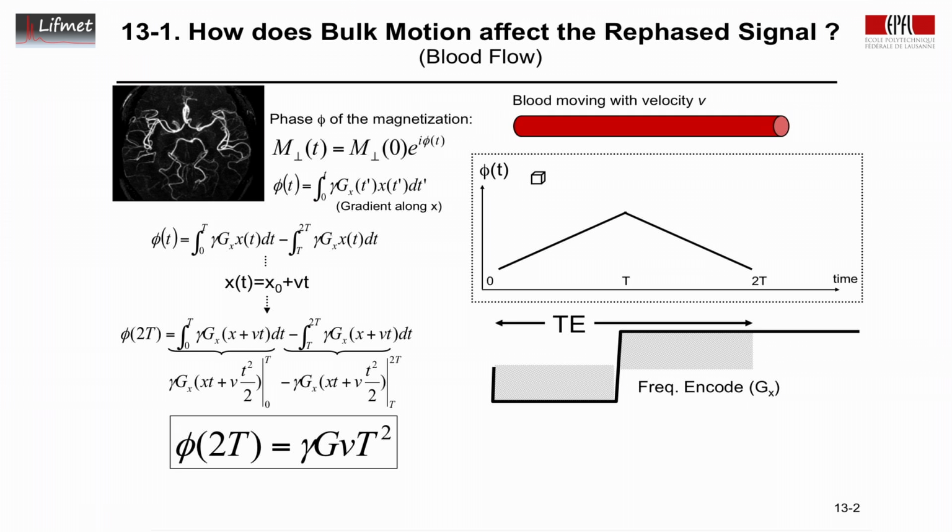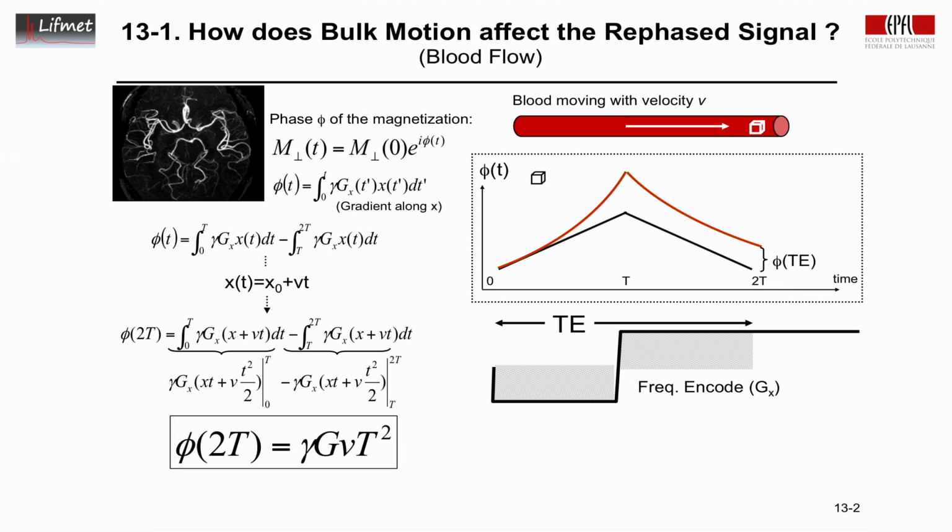Now, if we consider blood moving with velocity v, so here's the blood, we have our magnetization in the voxel, and that is now moving with velocity to the right. As it moves, we are accruing a phase, and then we're losing the phase again. But at the end, we have a difference in phase compared to stationary magnetization.